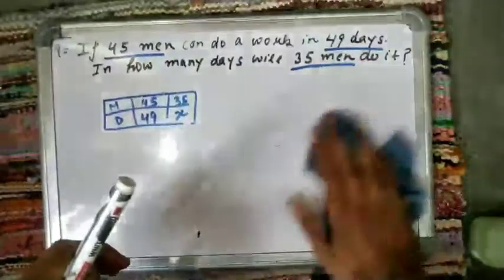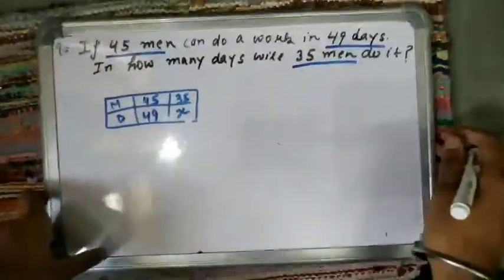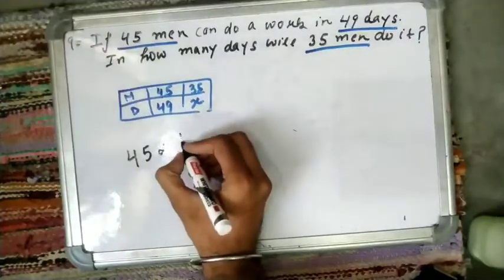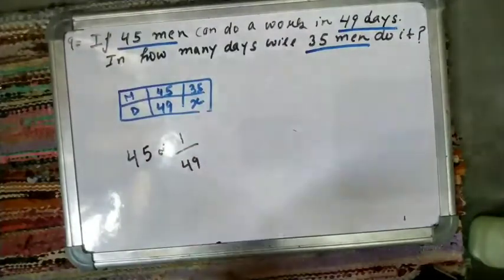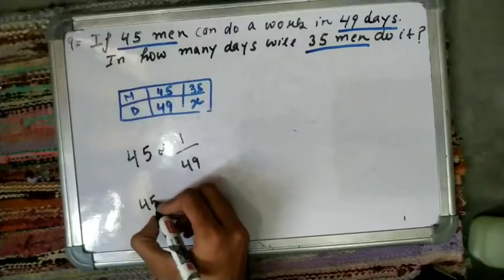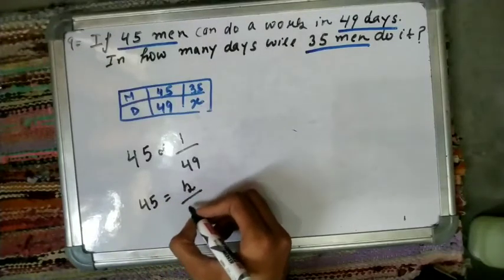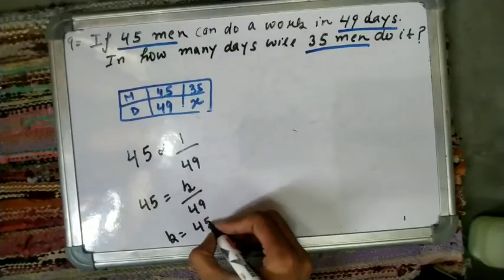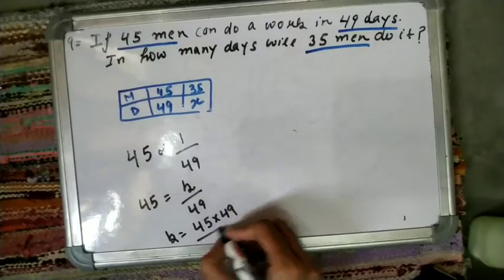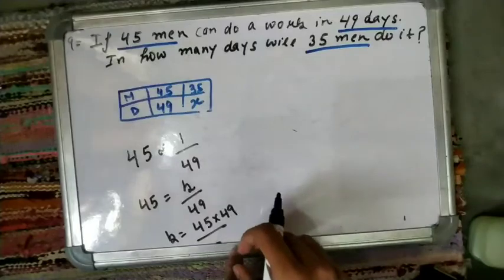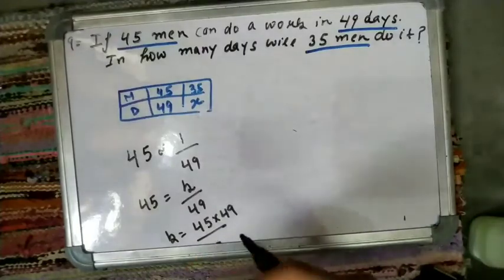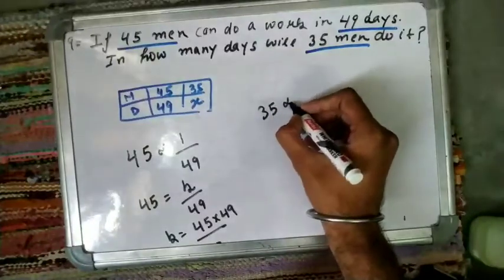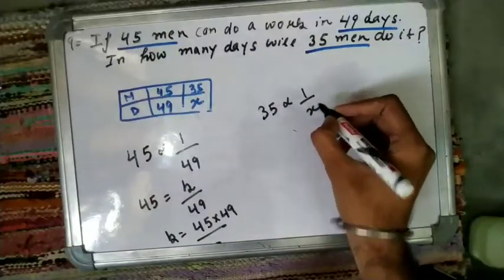So as I told you, 45 is inversely proportional to 49, then 45 is equal to K times 1 by 49. So the K value is 45 into 49. Understand? The same we will use here. 35 is inversely proportional to 1 by x.